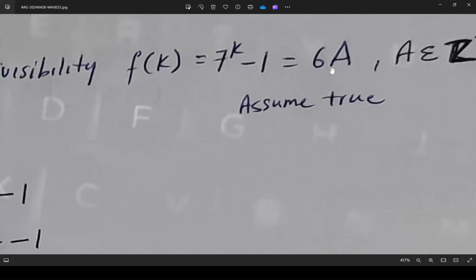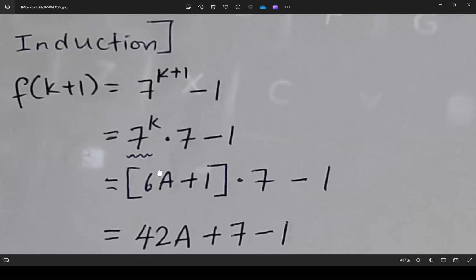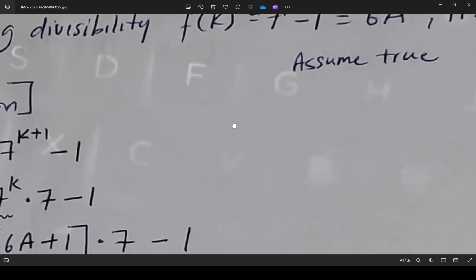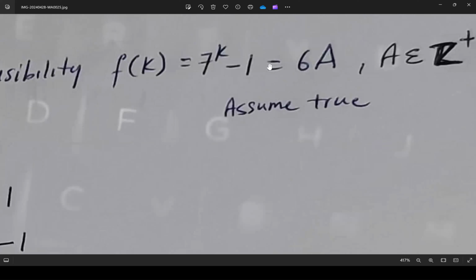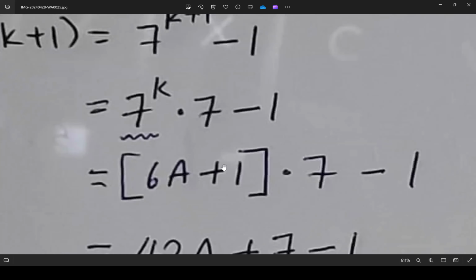Don't fight me on it. Just know that, yes, I said it was true. That means the same thing is here. 7^k will be replaced with 6a plus 1. Look at that. You realize that 7^k minus 1 is equal to 6a. That means 7^k is equal to 6a plus 1. Cool, makes sense. Now that we have that, replace the 7^k to be 6a plus 1.